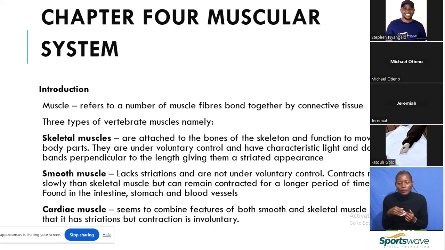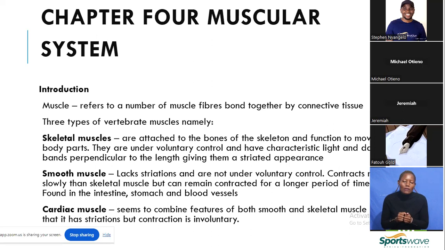effort for that movement. Now, there are 3 different types of muscles there: skeletal muscle, smooth muscle, cardiac muscle. I've indicated there the differences, but what you need to note, skeletal muscles are voluntary. They're under our control. Smooth muscle are not under our control, involuntary. The digestive system, you cannot control it.